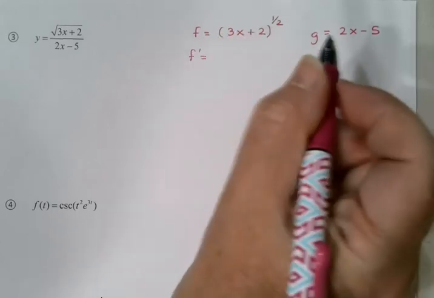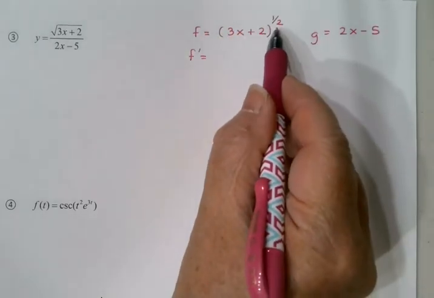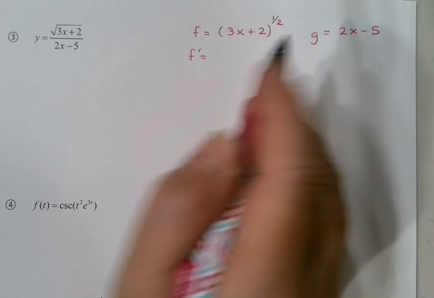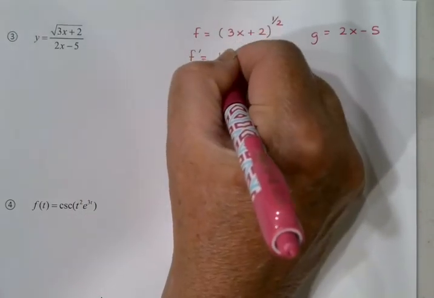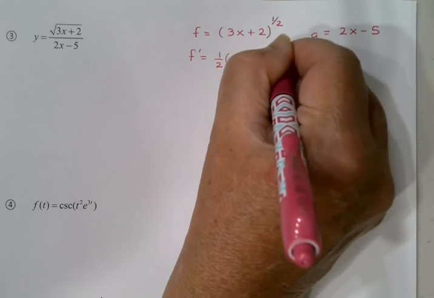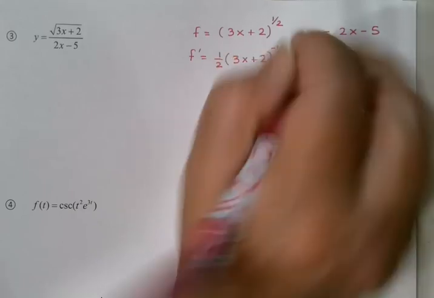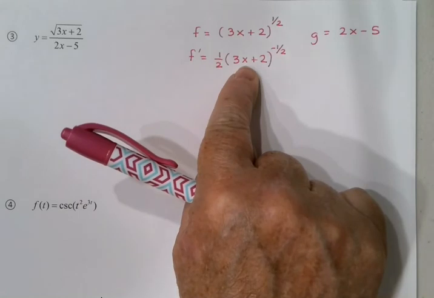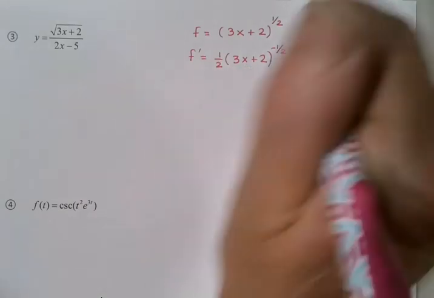So for f prime, I'm going to use a power rule. My outer function is a power. 1/2 times 3x plus 2 to the negative 1/2 times the derivative of this inner function, which would be 3.